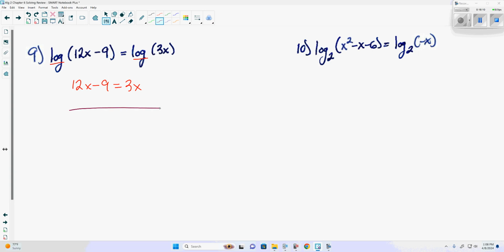Yes, we can subtract 3x from both sides, which will tell us that 9x minus 9 is equal to 0, yes? Now, if we wanted to at this point, we could graph it, or we can go on and solve it. Our next step would be to add 9. 9x is equal to 9, and lastly, we would divide.